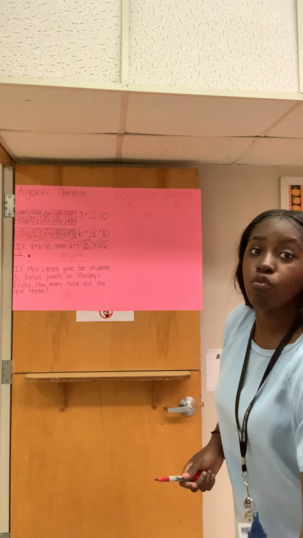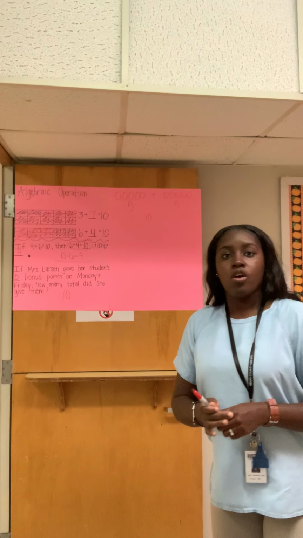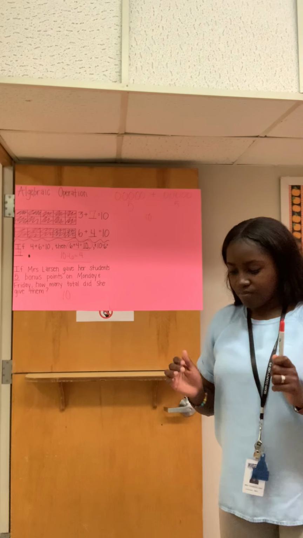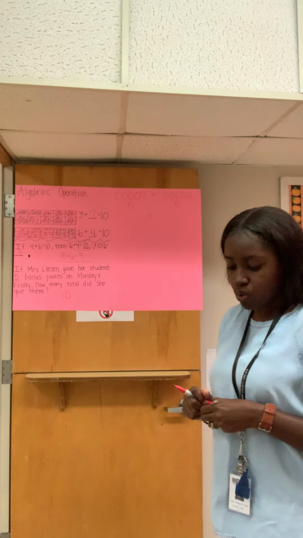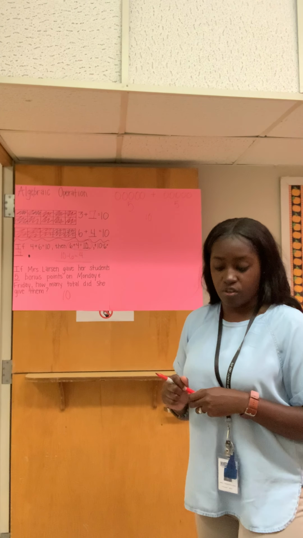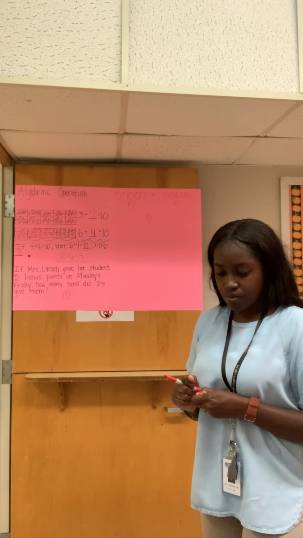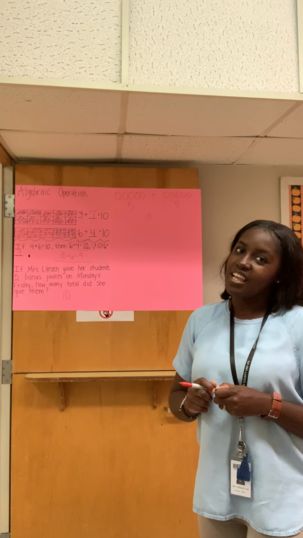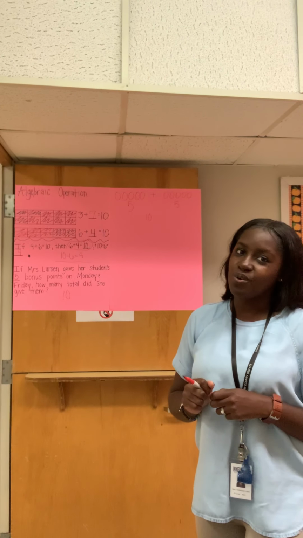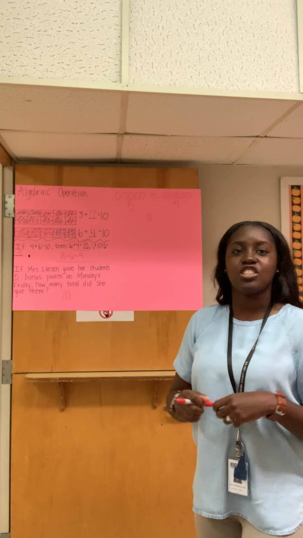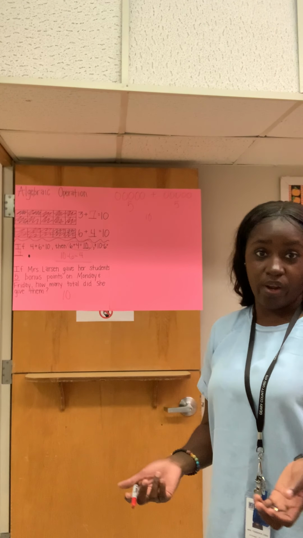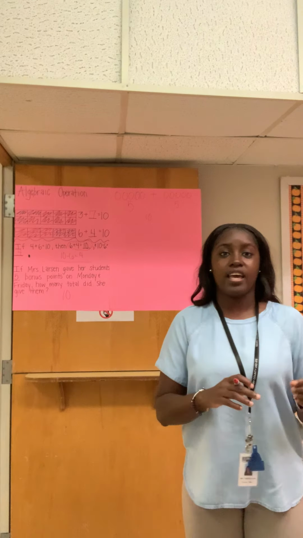And I'm going to go over a few more. Rome had a total of $10 to spend at the book fair. She bought a book for $13. How is that possible? She could not, because she only had $10, correct? So let's rephrase that.